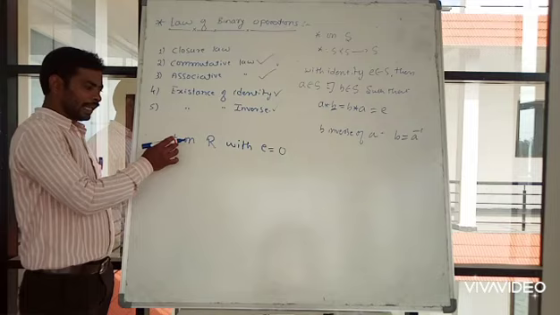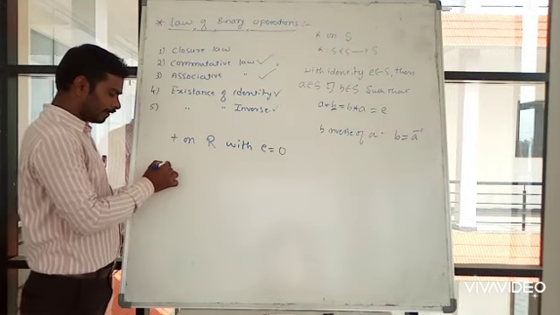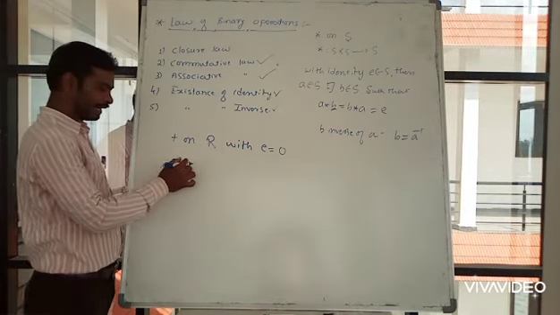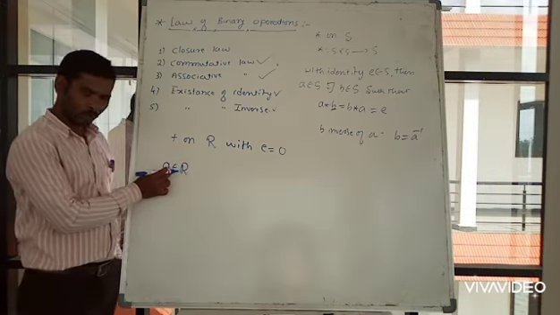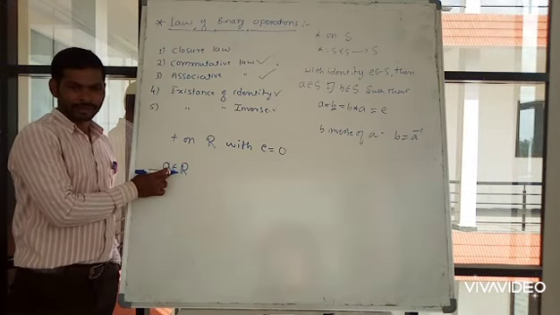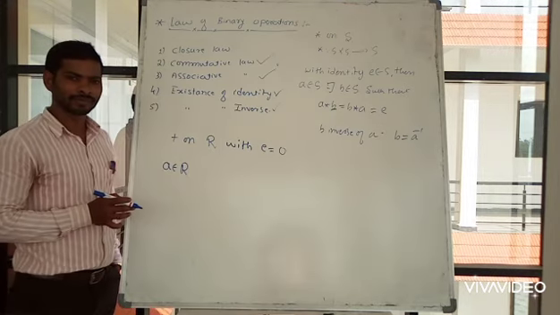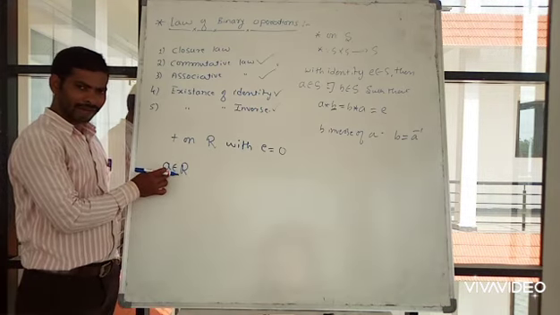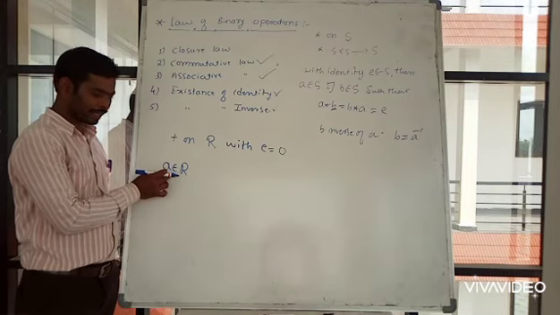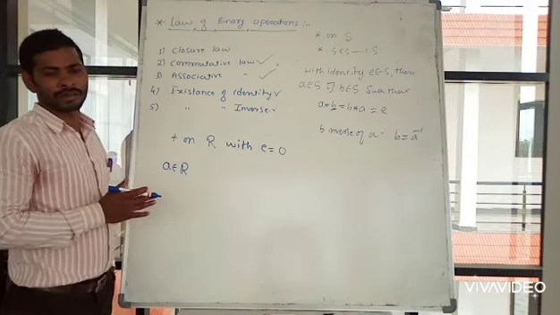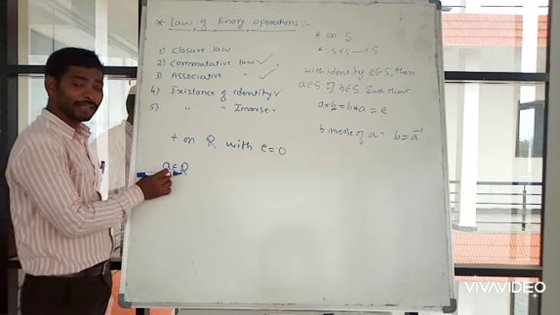Here A is any real number. A may be 1, A may be 2, A may be 3, or A may be 1 by 2, any real number in this set R. It is said to be invertible.